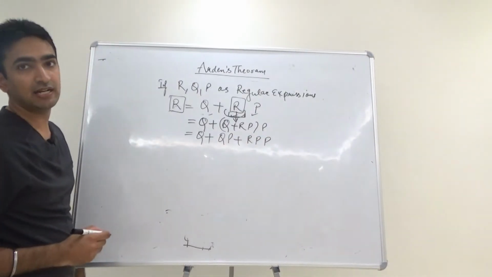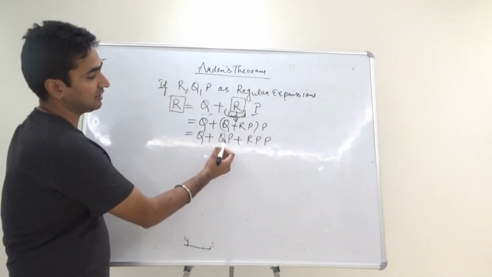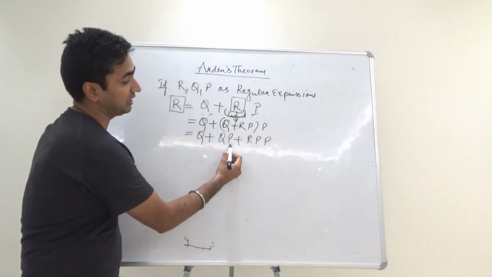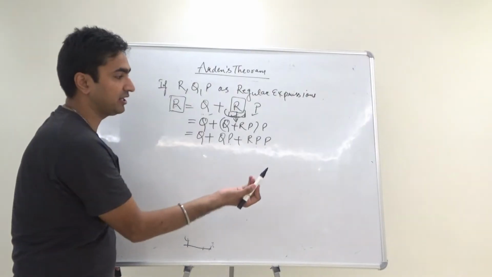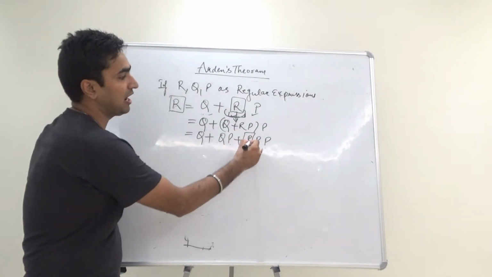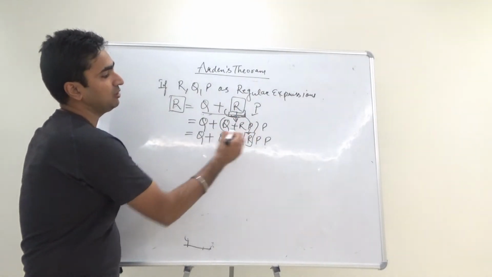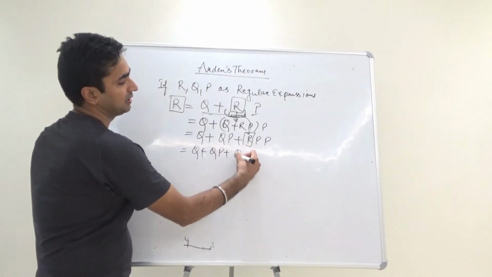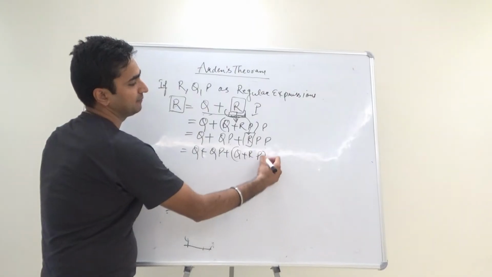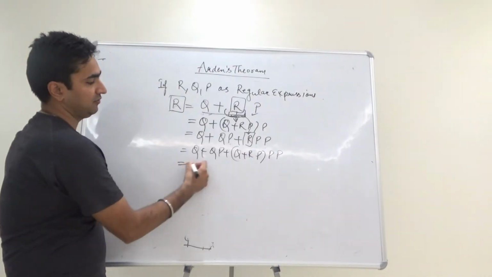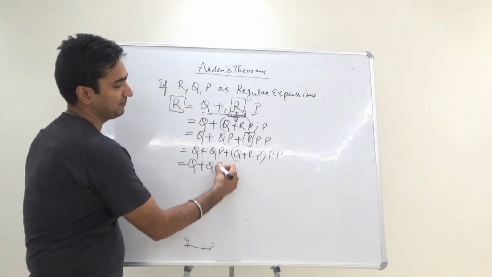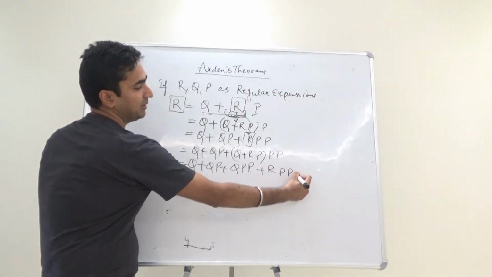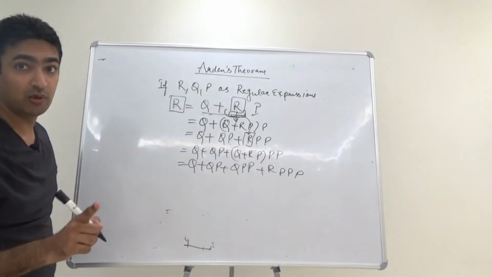Now try to understand one thing, guys. If there is a single P, there are two P's over here, right? If there are two P's, there will be three P's over here. You can justify by putting the value of R again, Q plus RP over here. You can get Q plus QP plus QPP and again RPPP. Now you have to understand this.